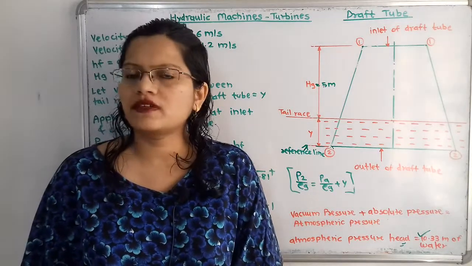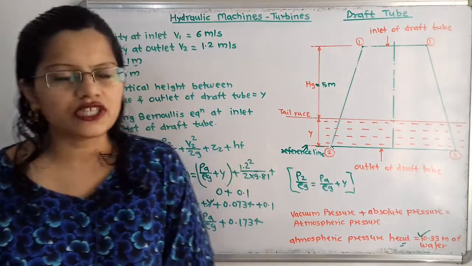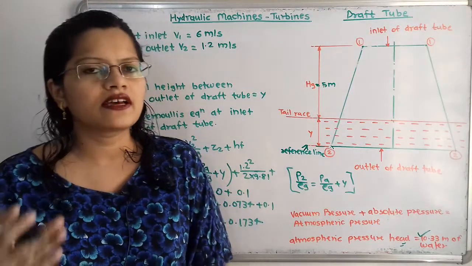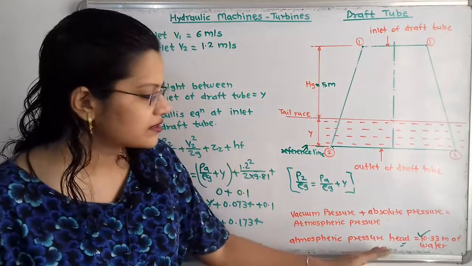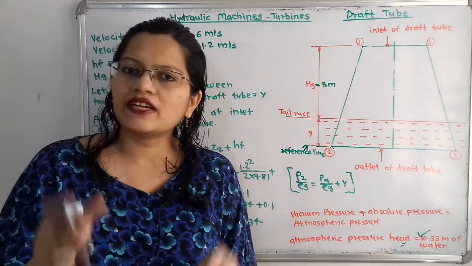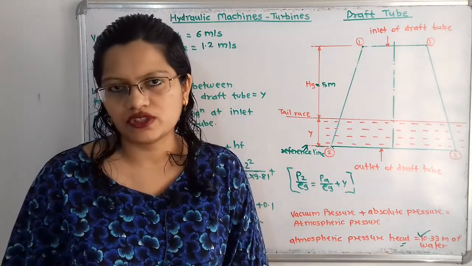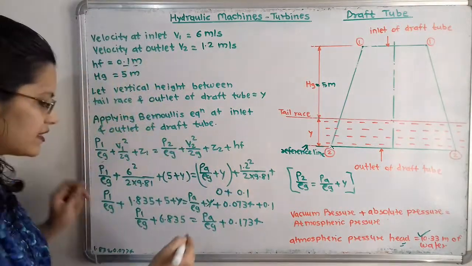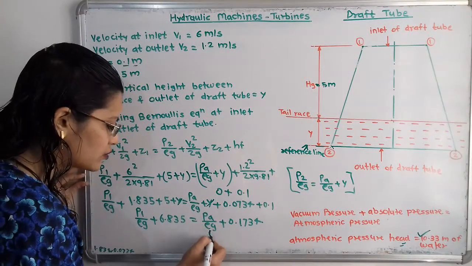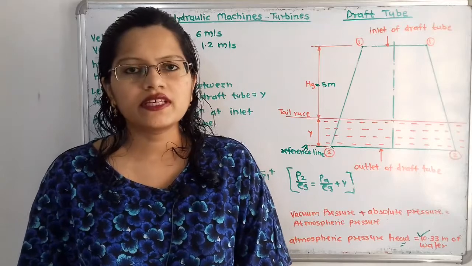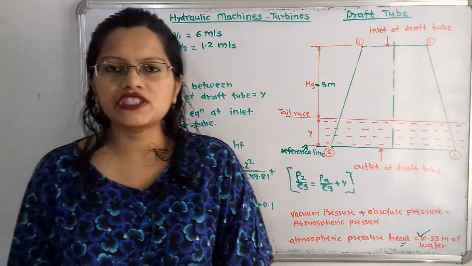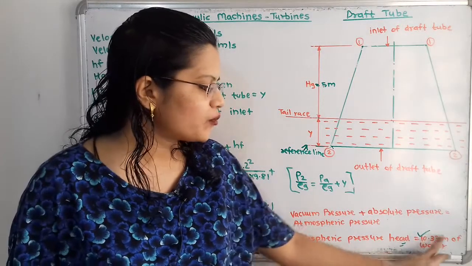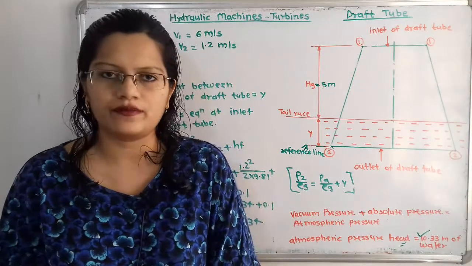But if we observe the question, it is not mentioned to take the atmospheric pressure head as 10.33 meter of water. So we will consider here the atmospheric pressure head, that is Pa by rho g, as 0.